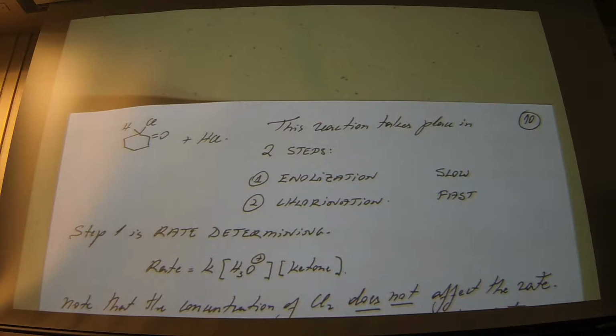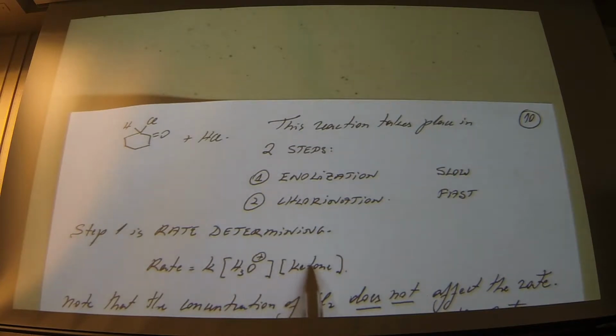What that tells you about the rate of this reaction is that the rate only depends on the concentration of ketone and concentration of acid, because these are the two concentrations that determine the rate of enolization. The concentration of chlorine doesn't enter the picture. Now, we've seen this before with SN1 reactions.